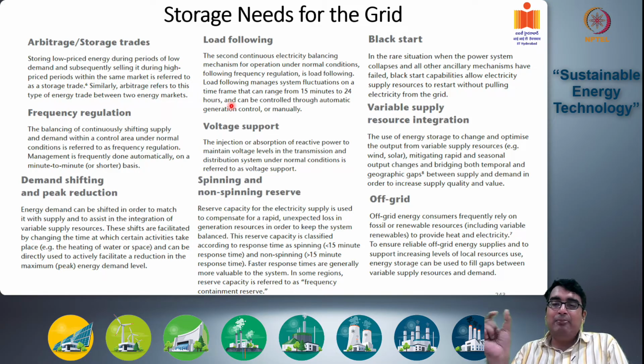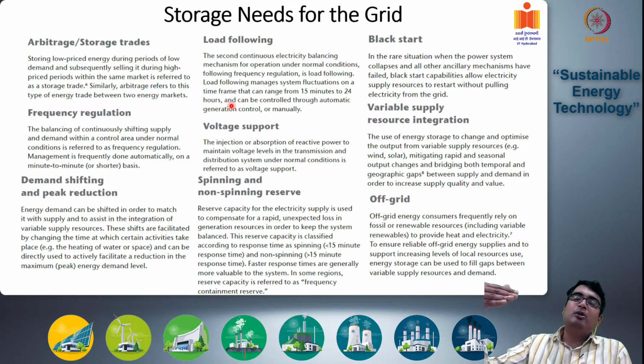These are medium time scale changes in the supply side and can be controlled through automatic generation control or manually. This is basically like turning on or turning off cycling or peak power plants to increase the supply to track the load. So this is the load following mechanism.